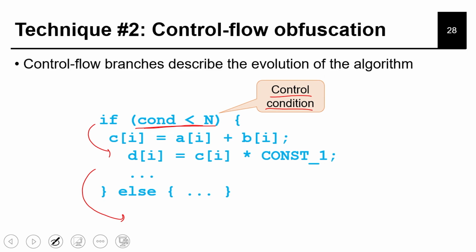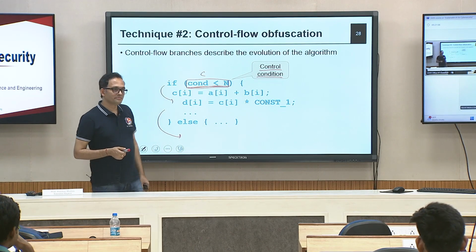You can think about this condition as C. This check is C: if the condition is cont less than n, then it is 1, otherwise 0. I can think of that as a variable C. So, how can I hide it, so that he will not be able to determine whether I will go to the if branch or the else branch? That is my idea. So, what should I do here? Some intuition?